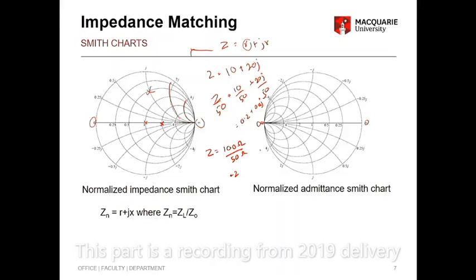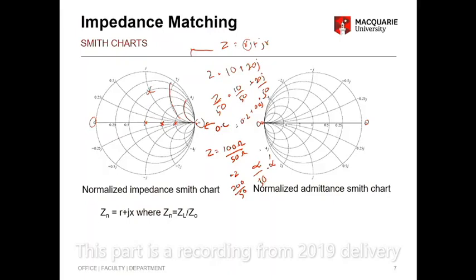Okay, so if I have 200 ohms divided by 50, it will be 4. That's here. So what will be at this point? That will be infinity divided by 50, right? So that will be infinity, which means it's an open circuit. Open circuit will have infinite resistance. So that's the open circuit end. Now let's go to the left hand side of this.